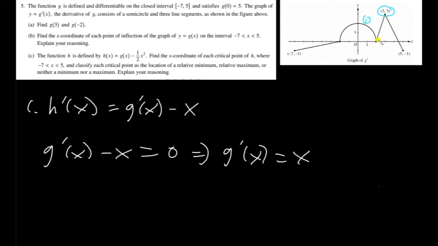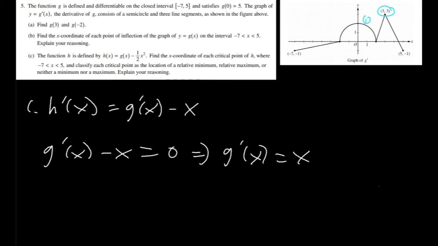And then from here, x goes from 2 to 3, y goes from 0 to 3, those both end up connecting at 3, 3, okay? And then from here on out, x is greater than 3, but y is less than 3, so again, there's going to be no point where g prime of x equals x. Okay, so we've concluded by looking at this graph that there are 2 points. One is 3, 3, and the other is somewhere on this half of the semicircle, okay?